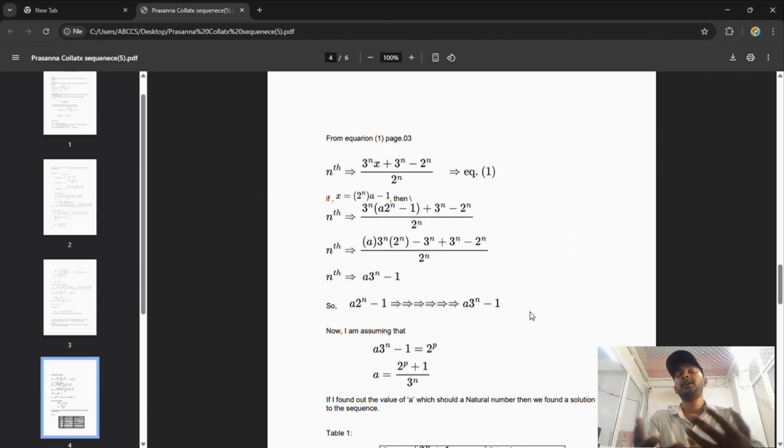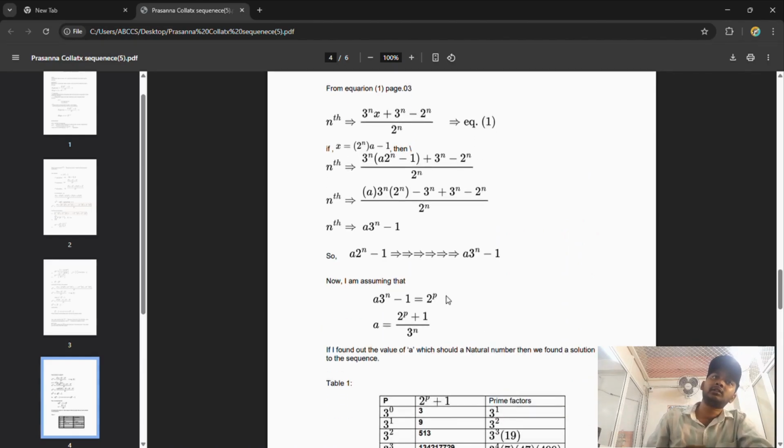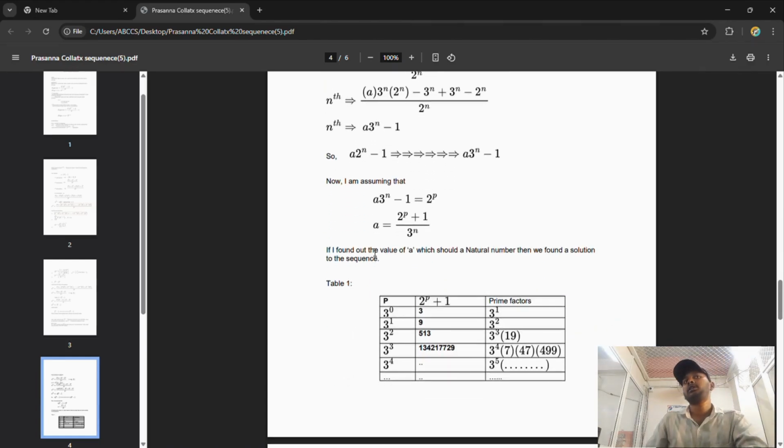So it will be in the form of 2 to the power of p, where p can be any natural number. And a is equal to 2 to the power of p minus 1 divided by 3 to the power of n, I figured it out by rearranging. Now a should be a natural number, p should be a natural number, n should be a natural number. Every variable here should be a natural number.